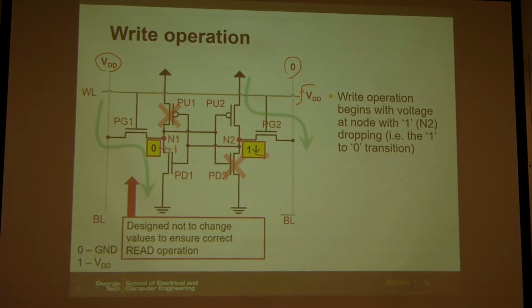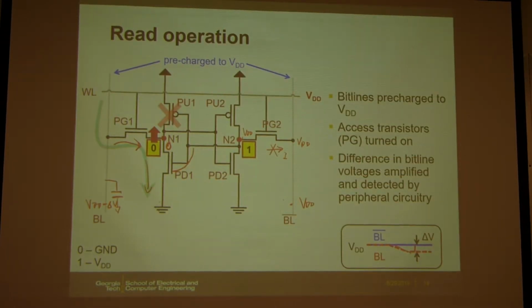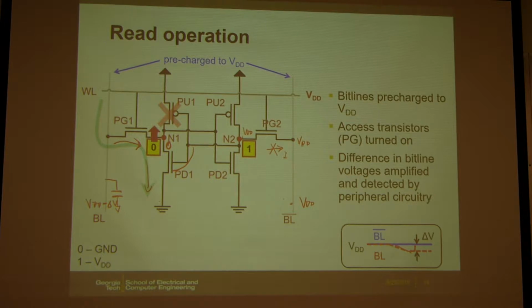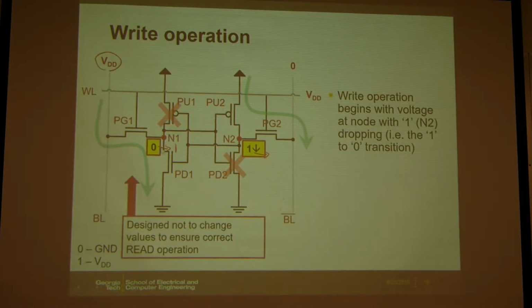So the left-hand side circuits are exactly the same for the read or write. So, as we just discussed, for the read operation, by design, you don't want the N1 node voltage to increase too much. You want to maintain the N1 node voltage small, close to ground. That means by design, the 0 to 1 transition will not happen, right?